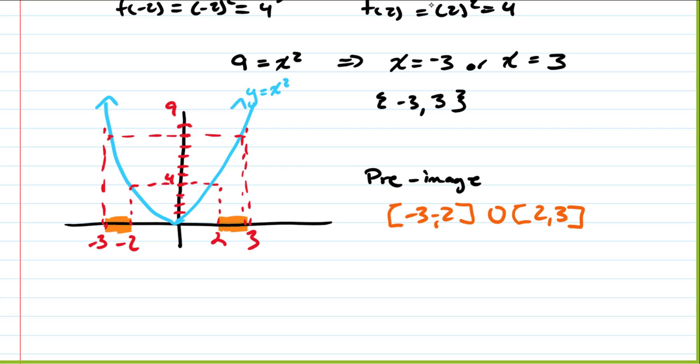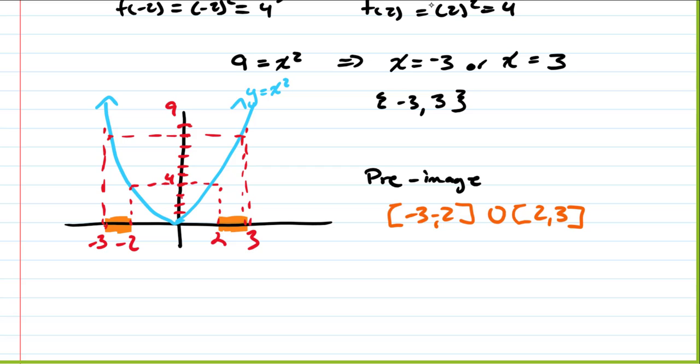Because anything between the numbers negative 3 and negative 2 would go between 4 and 9, and anything between the numbers 2 and 3 would also go in between 4 and 9. So the idea of the pre-image is if we know what some outputs are, we just want to find all of the inputs that go along with that.